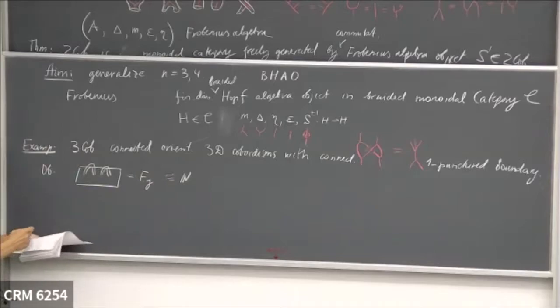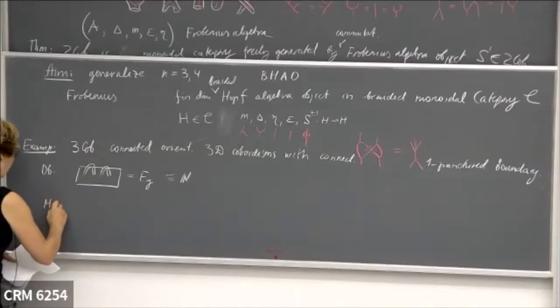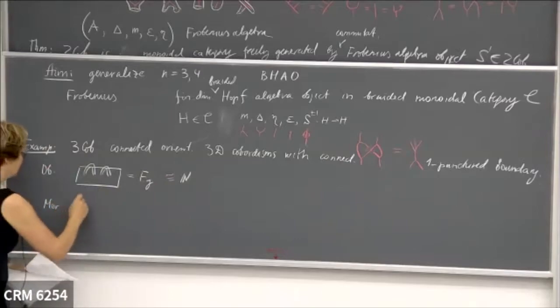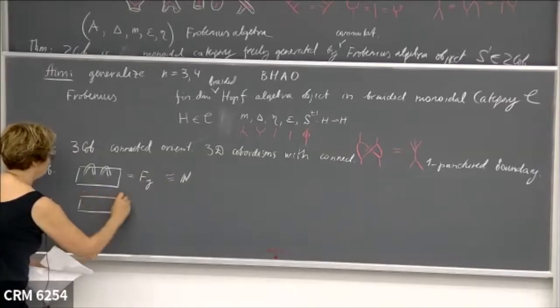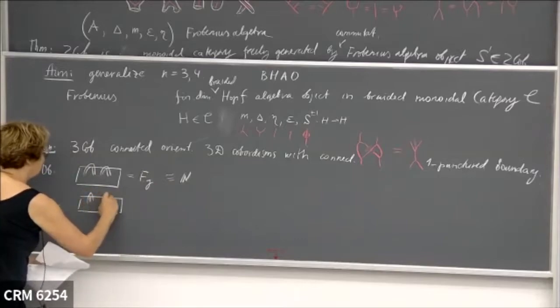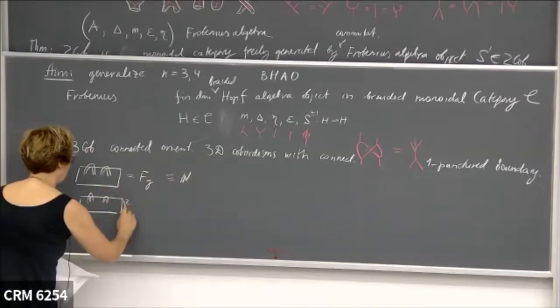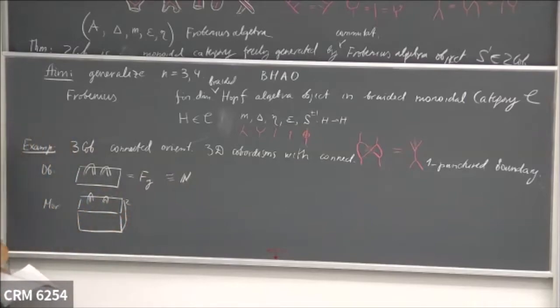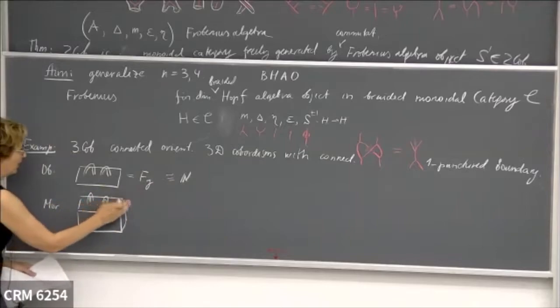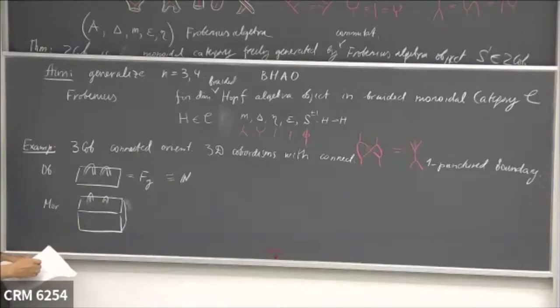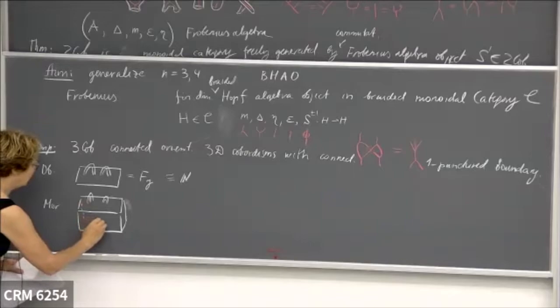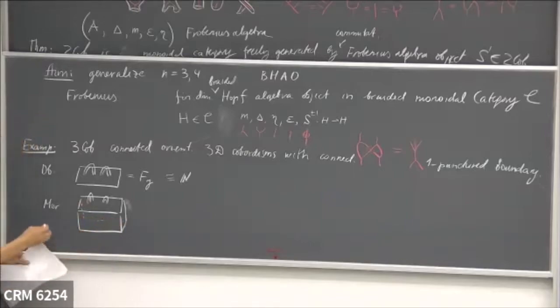Okay. Then a morphism from one such surface to another such surface. Let me, for example, draw such a surface, and this is an object which I'll call 2, and I would like to go to an object which I'll call 1, and for this I will just draw such a picture. And now to represent the surface, the bottom surface needs to have an opposite orientation with respect to this one.